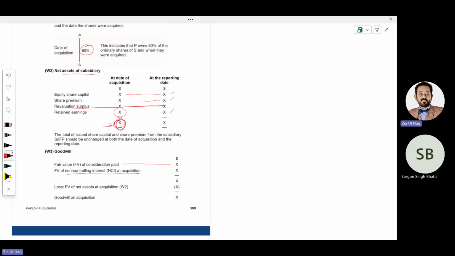Suppose in the similar, previous question, the share capital was 20,000, share premium was 10,000, and retained earnings at the time of acquisition was 15,000.